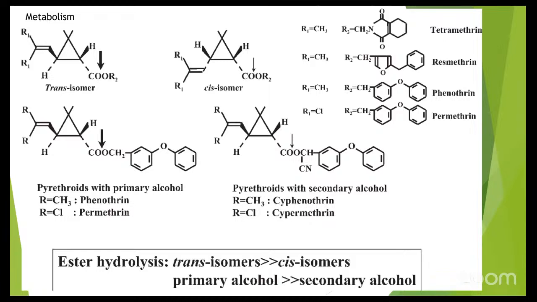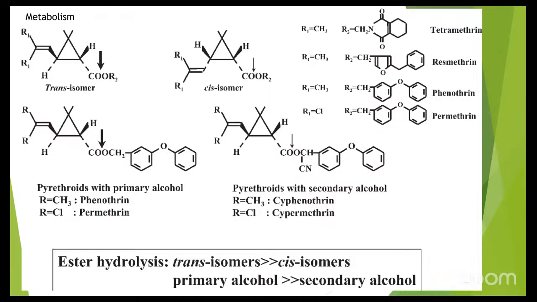So you see, each target site will be different for each insecticide. Ester cleavage: the ester linkage in pyrethroids is a vulnerable site in the molecule. Ester hydrolysis is done more quickly. It's frequently attacked, or that is where you majorly attack and break and do the metabolism.